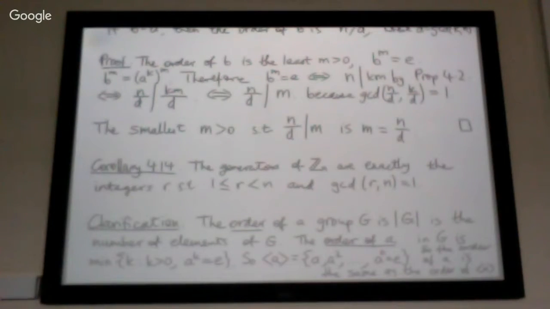And 4.3 is interesting if you want to do cryptography. It's got fast powers of numbers. Is it the thing I did last week? Yeah. So we won't really need it.